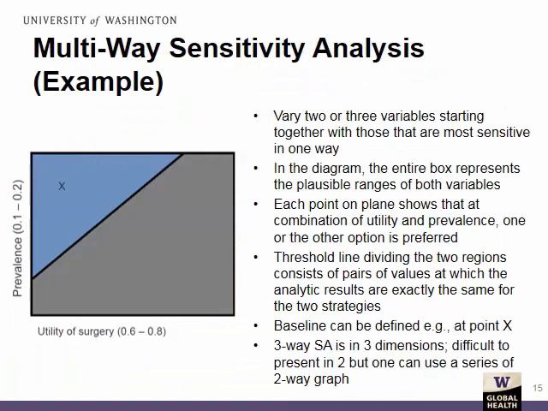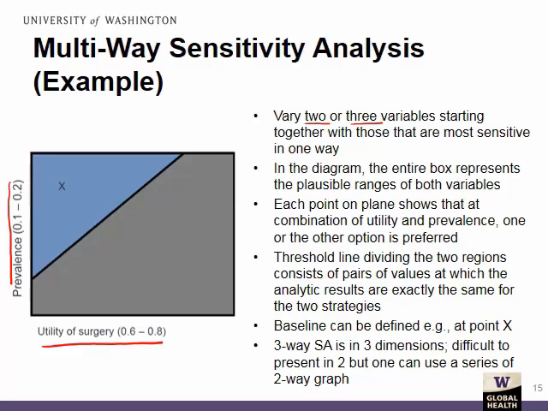In multi-way sensitivity analysis, you vary 2 or 3 variables, and you usually start with those that are most sensitive as you do the one-way sensitivity analysis. So let's say in this example you have utility on this axis and prevalence on this axis, and the area in this box represents combinations of prevalence and utility, and this is where one or the other option is preferred.